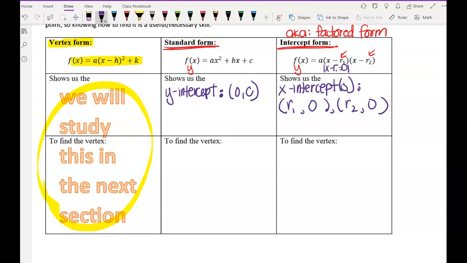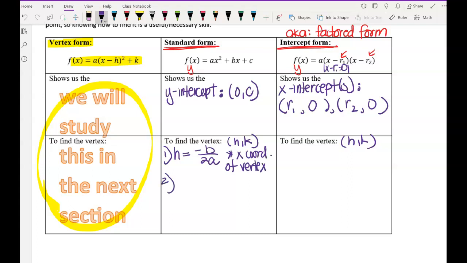In standard form, to find the vertex, and again, the vertex, just like the V shape, it's always (h, k). First, you're going to find the h value, and the h value is going to be negative b divided by 2 times a. That's how you find the x coordinate of the vertex.